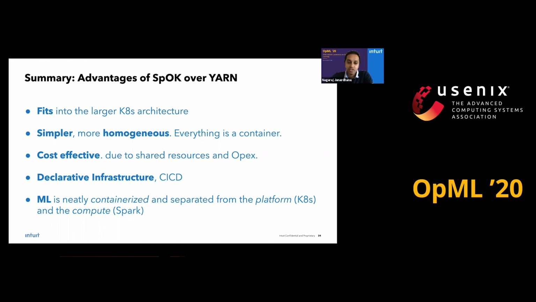This is cost effective as OpEx and other resources are shared across. Another big win has been the declarative specification of data processing jobs and the infrastructure associated with them. This makes it easier for data workers to specify and manage their jobs.